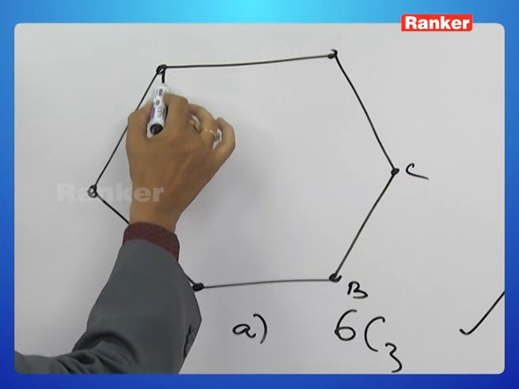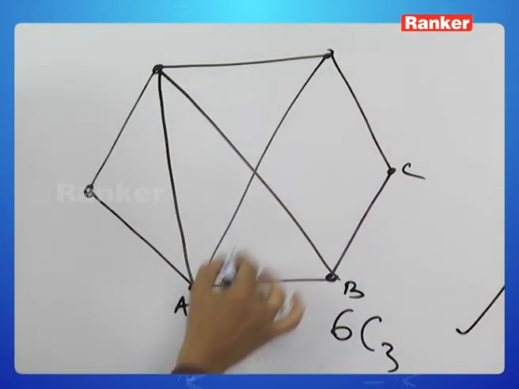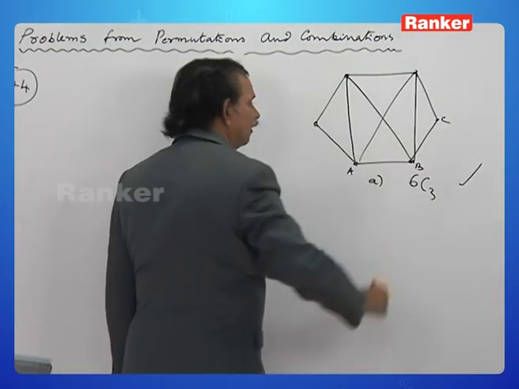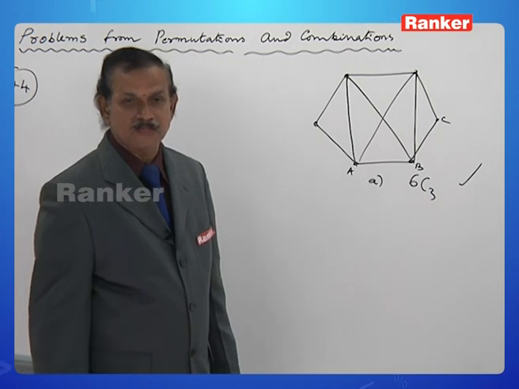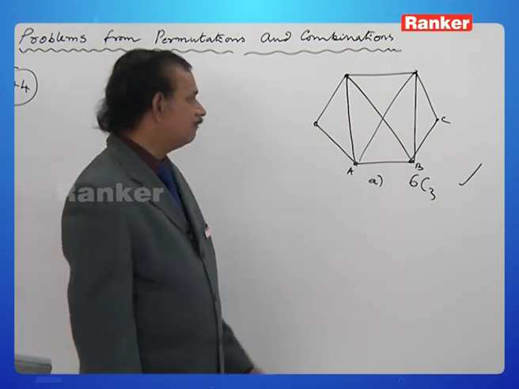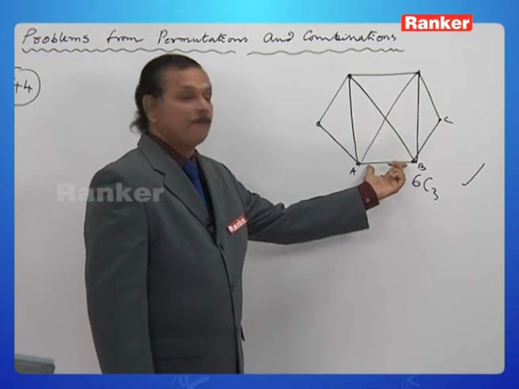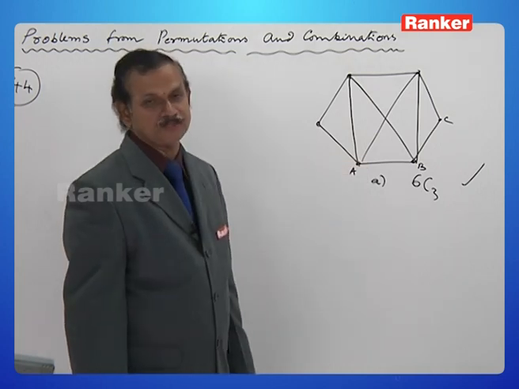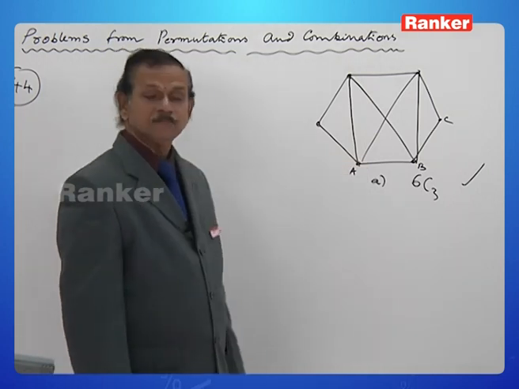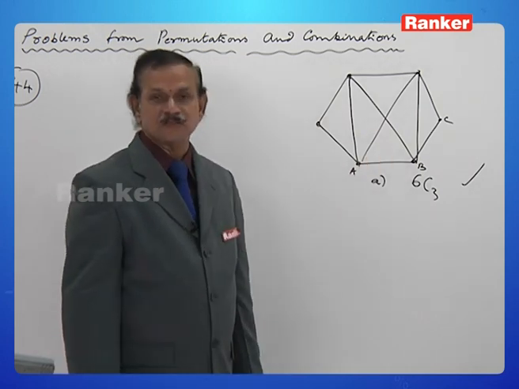Therefore, this is a triangle and this is another triangle. Observe these 2 triangles. These 2 triangles have just one side in common with that of the polygon. Therefore, only 2 are possible. Well, do not get interested in the number of such things.